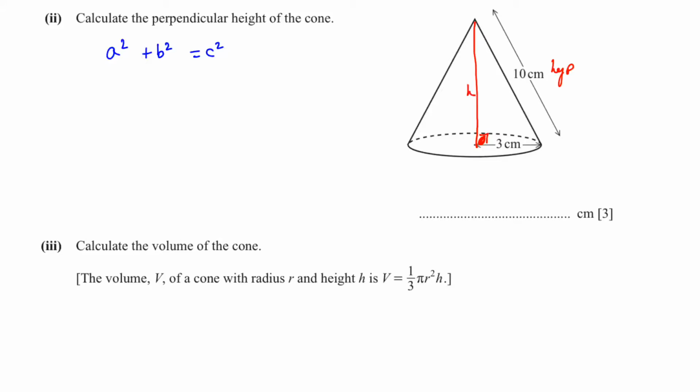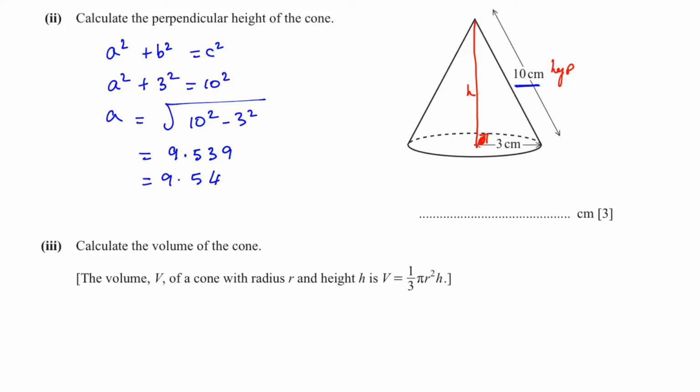This is our h height. C is your hypotenuse. In this case, 10 is our hypotenuse. So a square plus 3 square is equal to 10 square. Therefore, a is equal to square root 10 square minus 3 square. And this will give us 9.539. If we round it to 2 decimal place, we'll get 9.54.